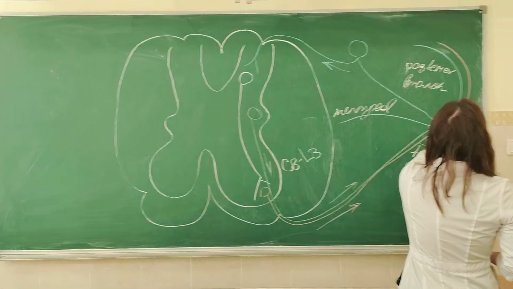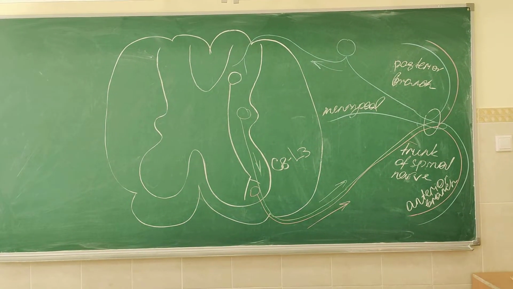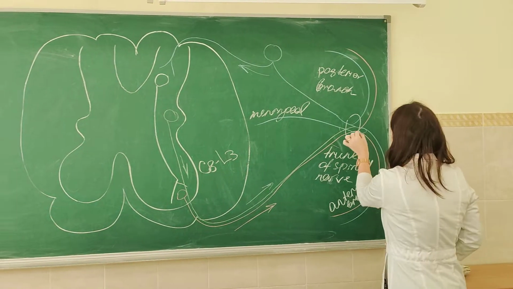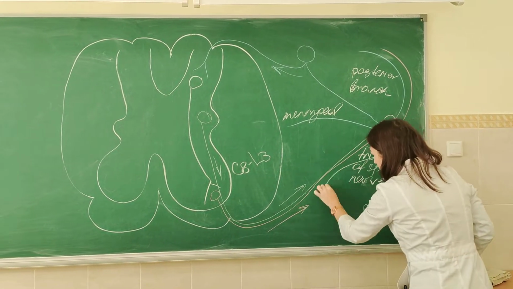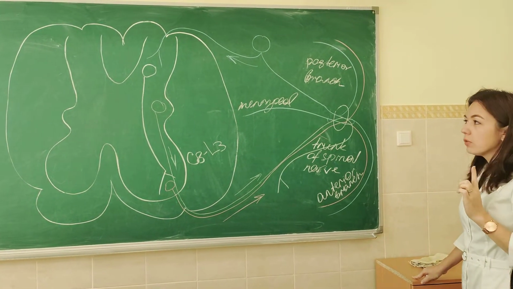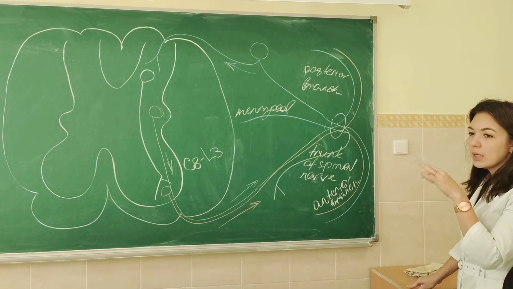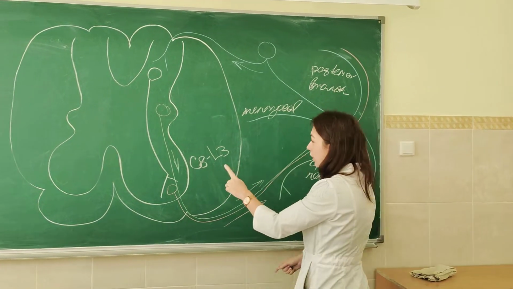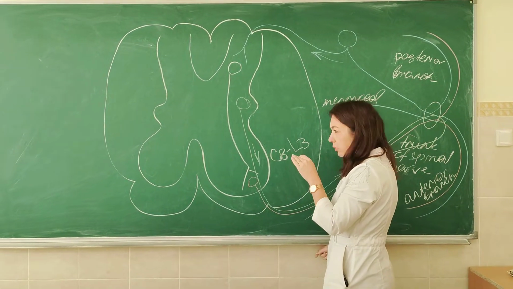And after the trunk of the spinal nerve, these autonomic fibers get separated from the common trunk, and they come up to the autonomic ganglion. When we study the autonomic nervous system, we will say that the structure of somatic and autonomic reflex arches is different. We were learning to draw the somatic reflex arch.